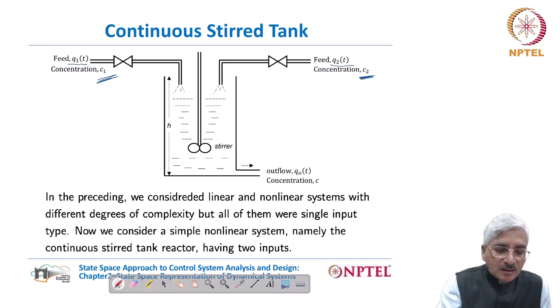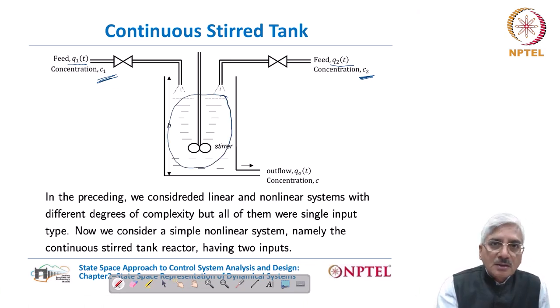These feeds are entering the tank. We have a stirrer which is continuously stirring the fluid in the tank, and thereby it is assumed that everywhere in the tank the concentration of the fluid is the same, and it is CT.